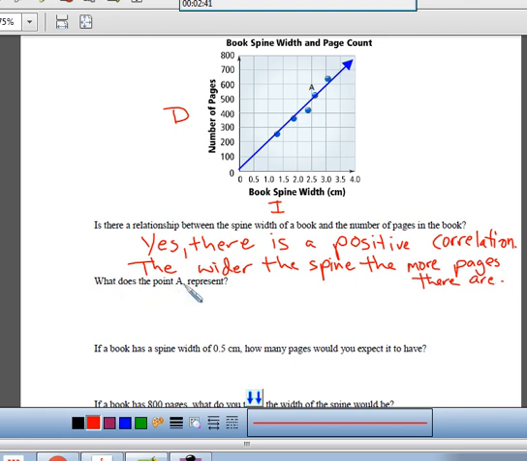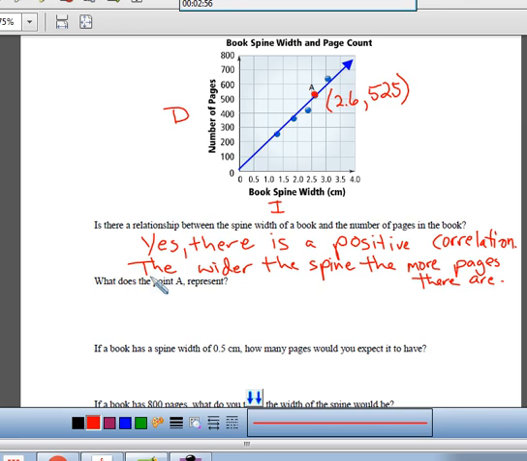What does the point A represent? So this point right here, by the way, we're going to say is the point 2.6 and 525. You don't have the table, but I do, and that's what that point is.